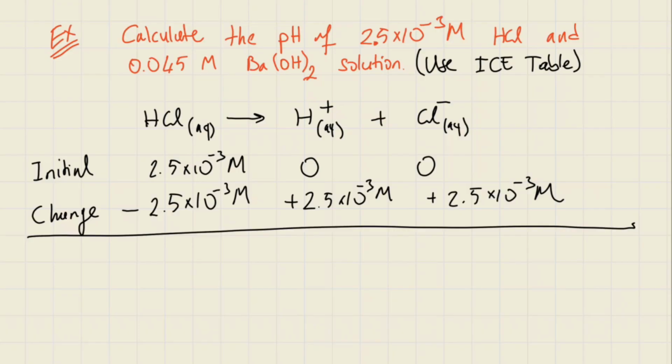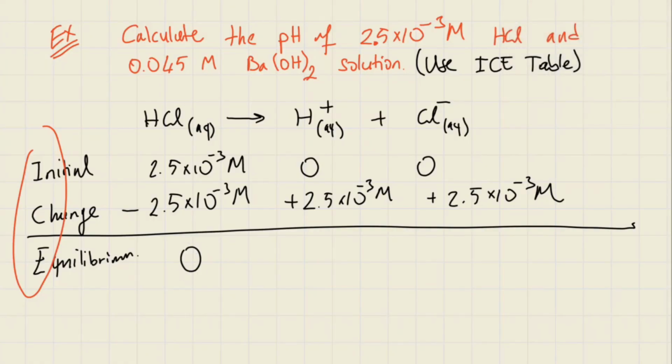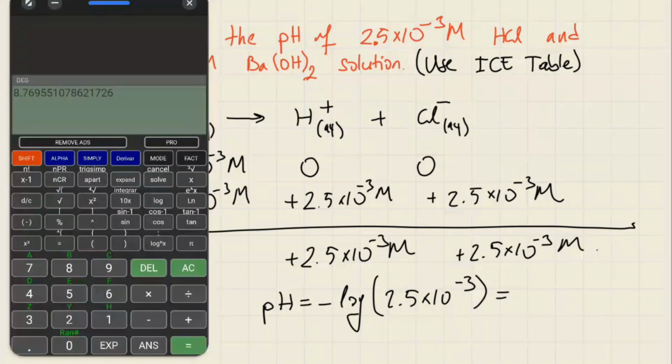And we add them up at equilibrium. Therefore this is called ICE, right? So HCl concentration becomes 0. Hydrogen concentration becomes 2.5 times 10 to minus 3 molar. And chloride concentration becomes plus 2.5 times 10 to minus 3 molar. And pH of the solution is equal to minus log hydrogen concentration, which is 2.5 times 10 to minus 3 molar.